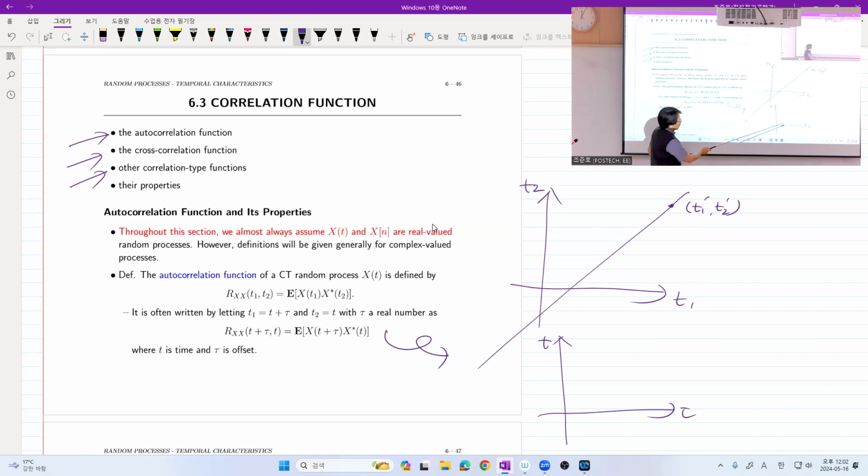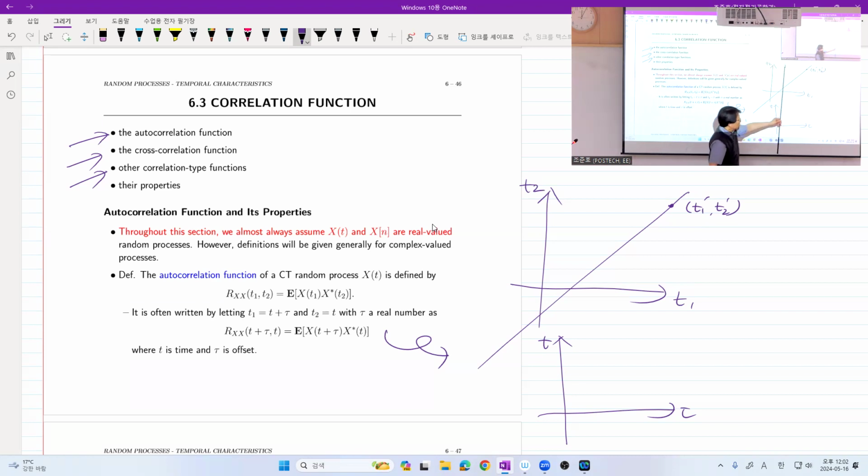Now, what about this case? What if your autocorrelation function is now parameterized by T plus tau and T? What would be the consequence of wide-sense stationarity? Whatever T you have, as far as tau is the same, the value is the same.